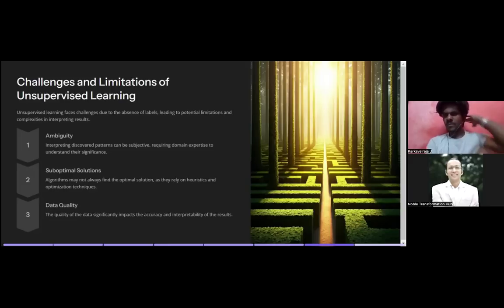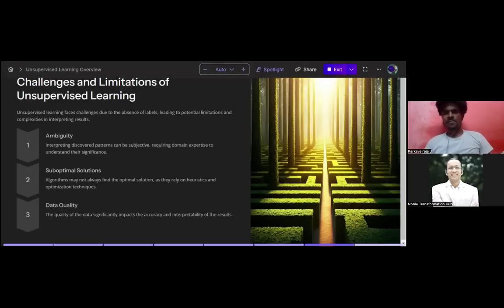Suboptimal solutions. Algorithms may not always find optimal solutions as they rely on heuristics. What is heuristic? If you understand heuristic, it is not an exact solution, but it is somehow a nearer solution. That's what is called heuristic.